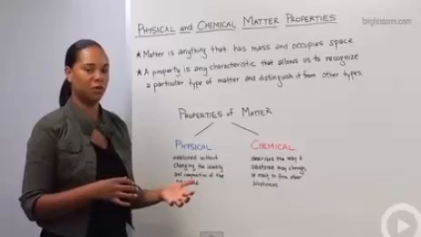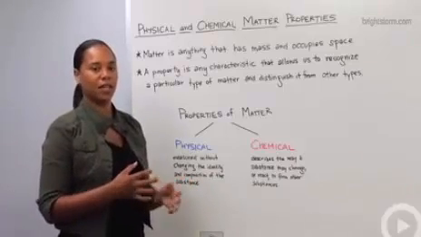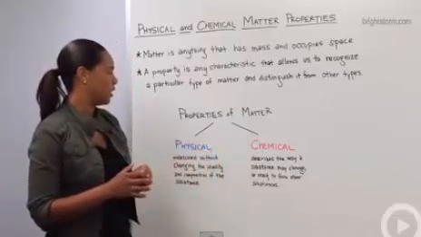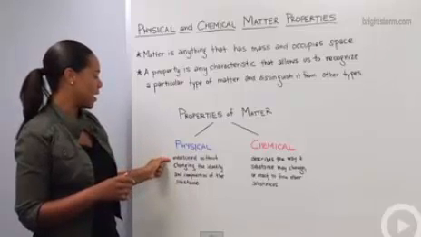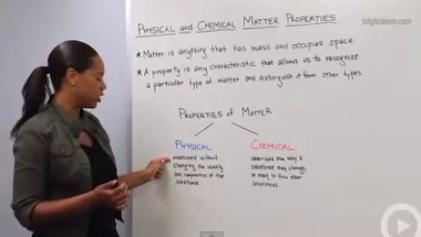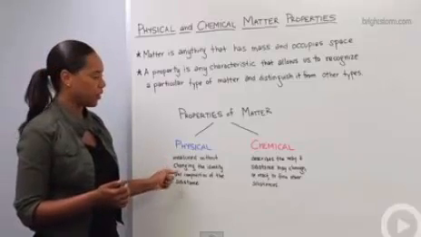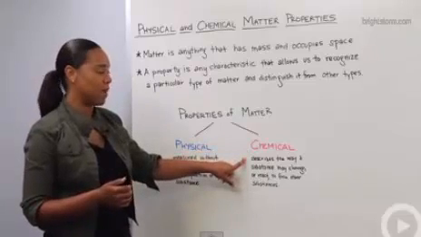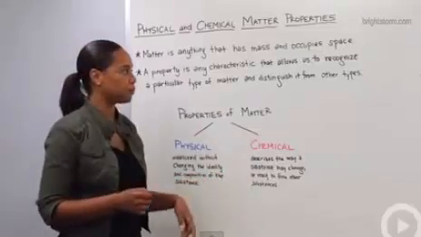Trying to distinguish between what's a physical property of matter and a chemical property of matter definitely takes some time and some diligence. So a physical property of matter is defined as being measured without changing the identity and composition of the substance, versus a chemical property describes the way a substance may change or react to form other substances.